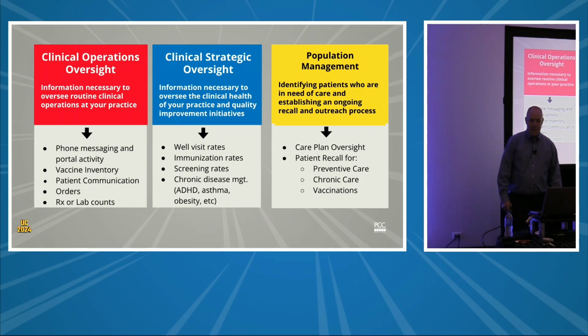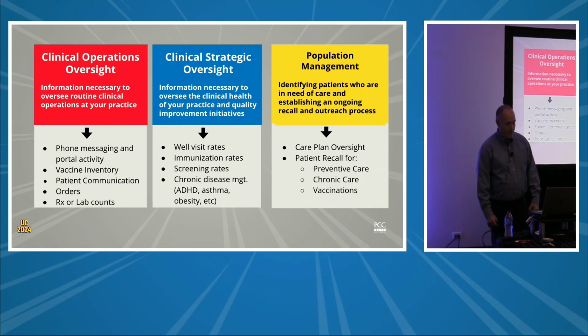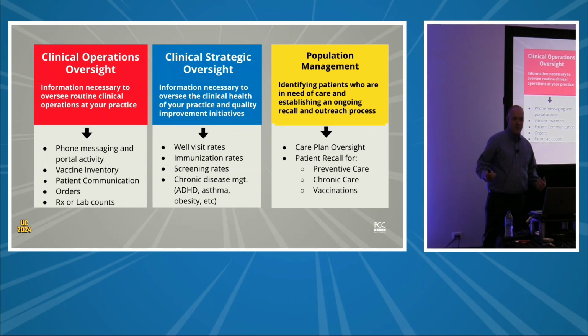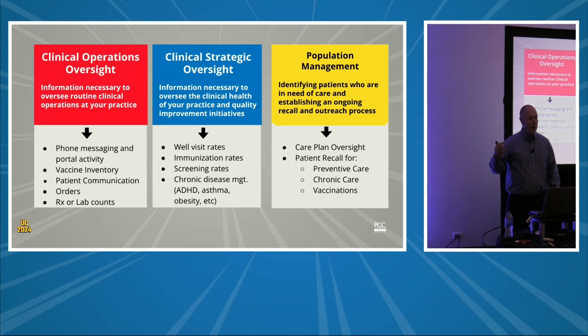We're going to move on and talk more about strategic oversight reports, and that's when we're going to get into the dashboard. The dashboard is really meant to be high-level strategic reports, clinical measure reports. We're going to talk through many of those as well. And then finally, we're going to get into population management. So I really want to focus on this and just make sure folks know how to identify patients that are due for various services.